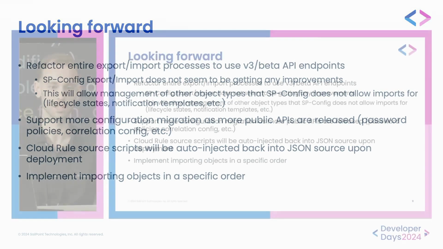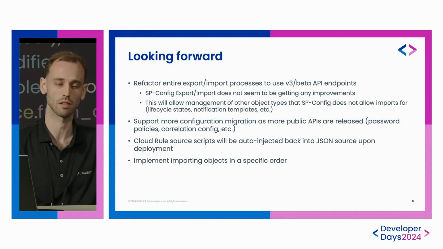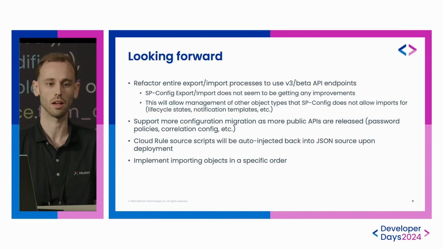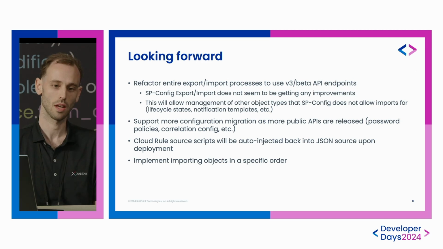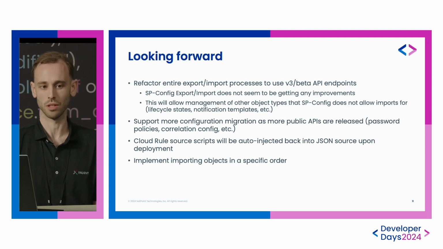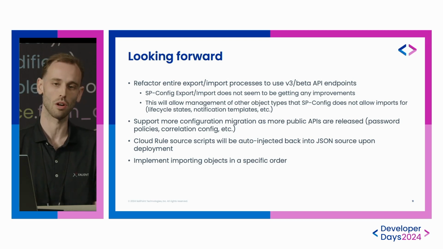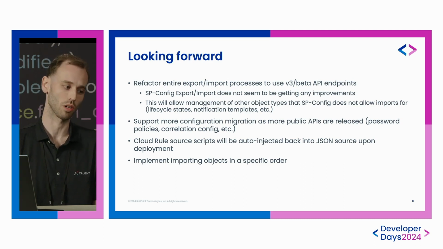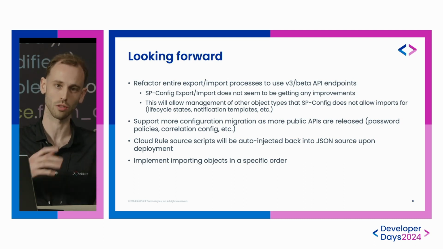I haven't really seen any changes or improvements to these SPConfig export or import API endpoints, but the V3 and beta API endpoints are constantly being updated. There's private endpoints that are becoming public that are going to enable us to hopefully do more things in the future.